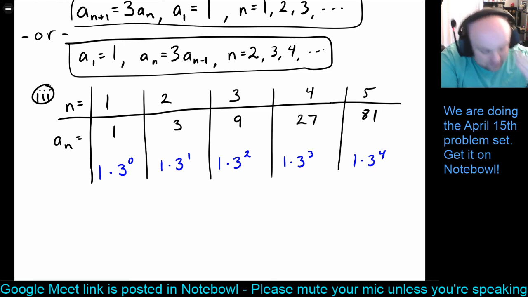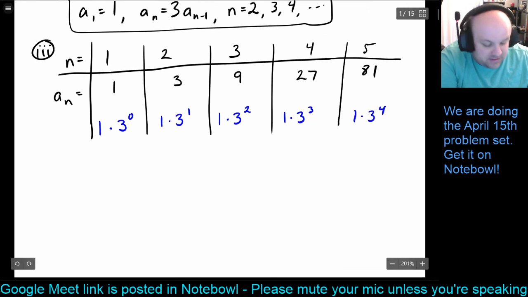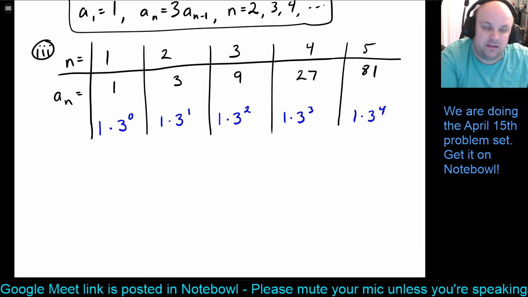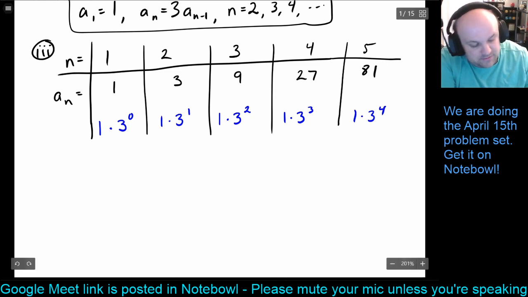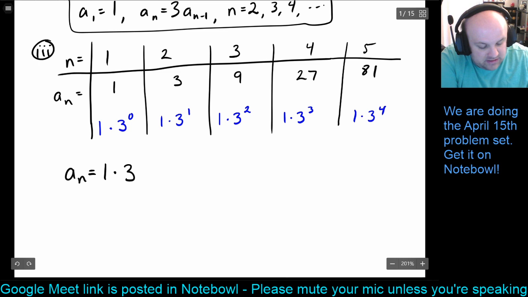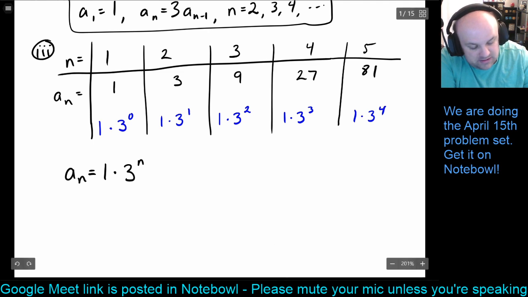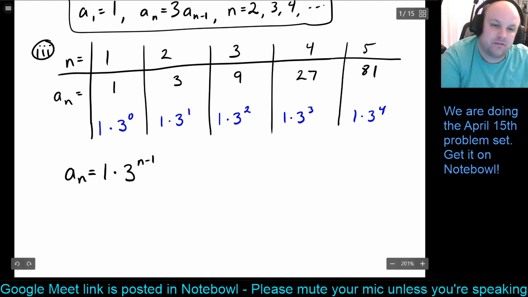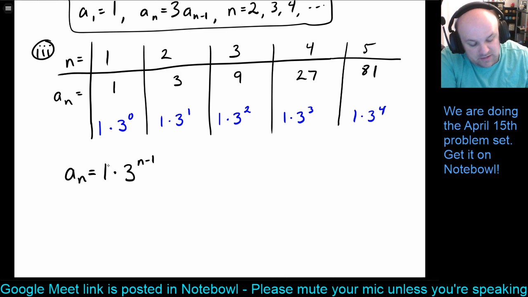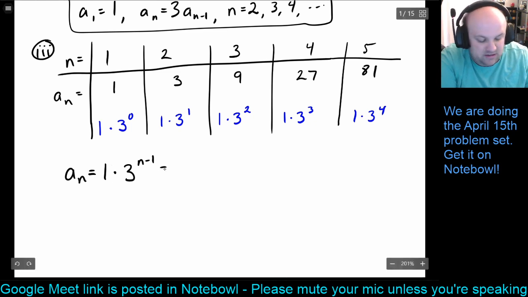And then this gives us a hint at what we need to write for our explicit formula. So an, we could write 1 times 3, and let's see. The power on 3 is always 1 less than the index, so it's n minus 1. And of course, this 1 here is a bit unnecessary, so we could just write 3 to the n minus 1.